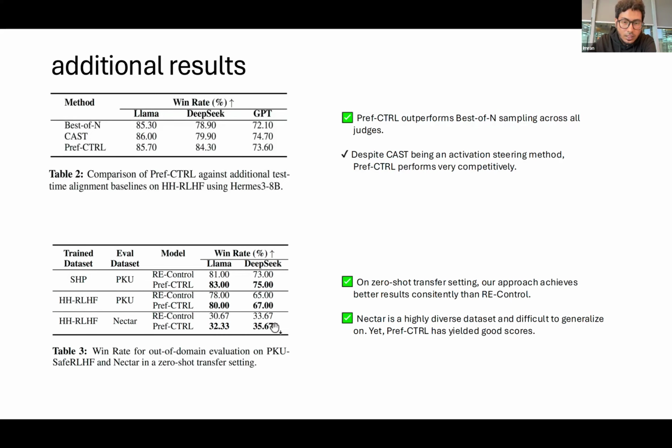And we can see that in all of the cases, we are doing much better than REControl, which is also an indication that we can use our approach on a new data set without training on them necessarily. But of course, if we train our approach on the new data, the value function scores would increase significantly.